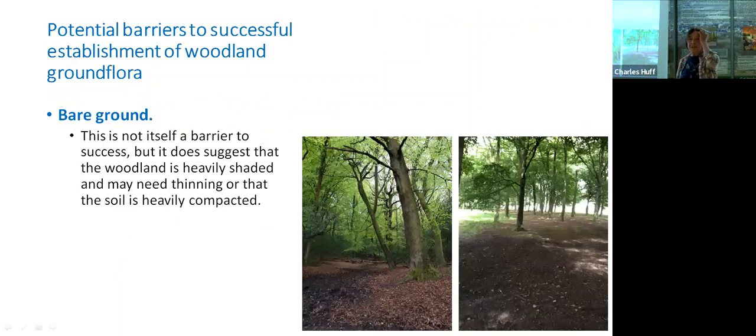Bare ground would seem to be ideal, except of course there's always a reason why the ground's bare. And if there's nothing growing there, then you know your bluebells, wood anemone, nothing else is going to grow there. It's probably because of the shade, but just look out for soil compaction. I didn't think that there was a problem with soil compaction in Bluebell Wood, but it can be an issue.